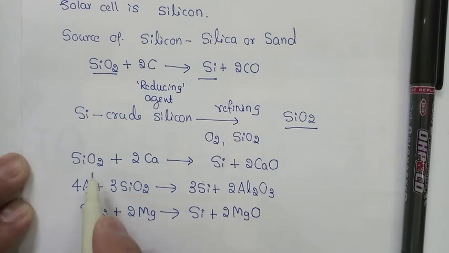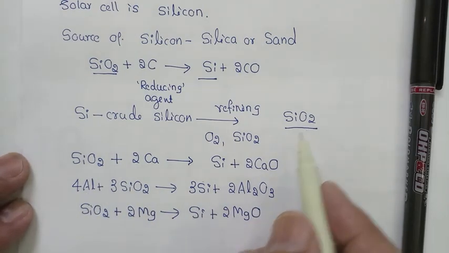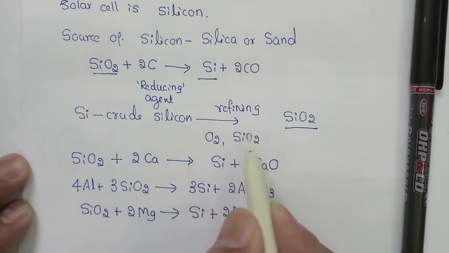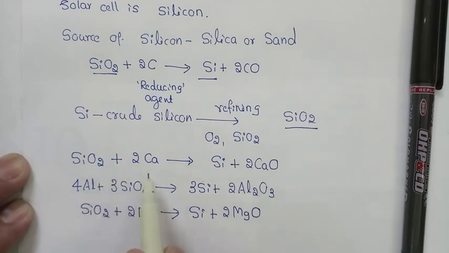So here the silicon dioxide we have obtained by oxidation or by treating with slag forming additives like sand, on treatment with calcium, aluminum and magnesium gives silicon, along with calcium oxide, aluminum oxide, and magnesium oxide.